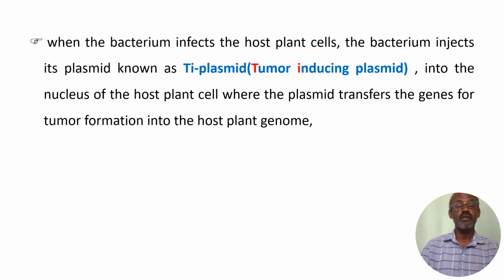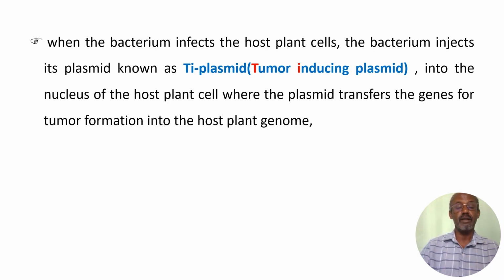This plasmid has genes, and when the plasmid is given to the plant, it goes to the nucleus. It is expressed so that it causes that particular group of cells to undergo cancer-like development. It multiplies without control and produces a swollen outgrowth in that area, usually the junction between the root and the stem.